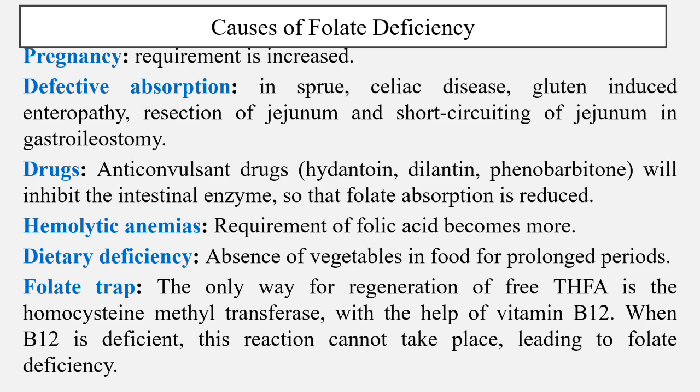These drugs inhibit intestinal enzymes so that folate absorption is reduced. And also hemolytic anemias: folate and B12 are required for maturation of RBCs. In hemolytic anemias there is increased production of RBCs, which leads to increased requirement of folic acid.